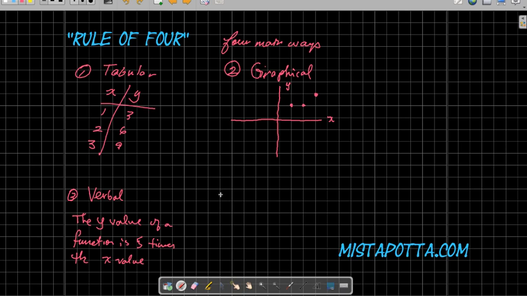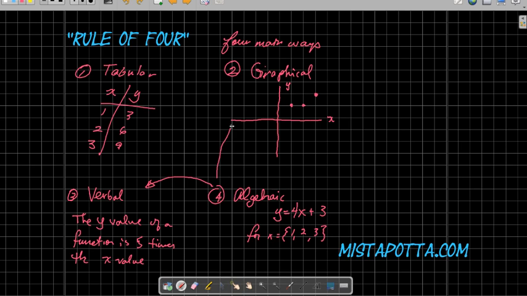And the one that we're probably the most familiar with is algebraic. So we might see something like y equals 4x plus 3 for x in the set 1, 2, 3. Now notice that I can take any of these and I could describe it verbally. The y value is 4 times the x value plus 3.